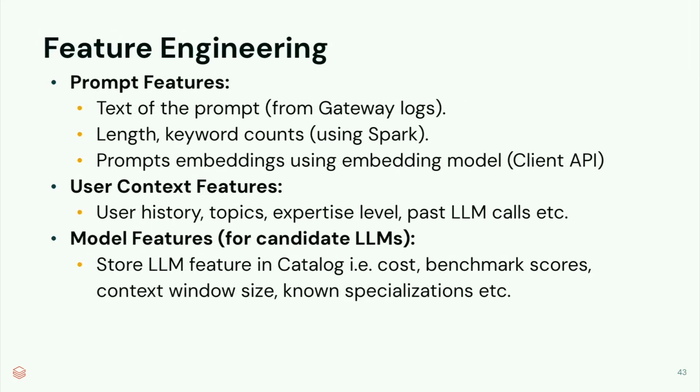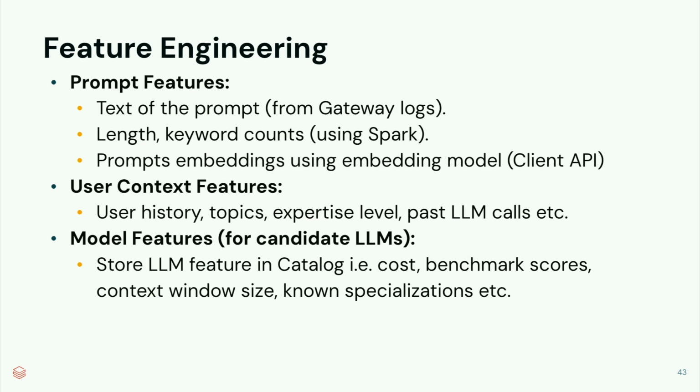For the feature engineering, we talked about the different features from the prompt, users, and model that we can use. This is more about what the different Databricks components are that you can use: gateway logs, Spark, the client API. For example, for the prompt embedding, you can use open source, closed source, Databricks in-house, and different kinds of embedding models, and you don't know which one is good and which one is bad for you.